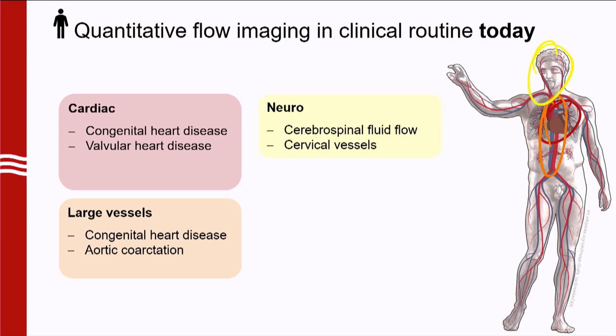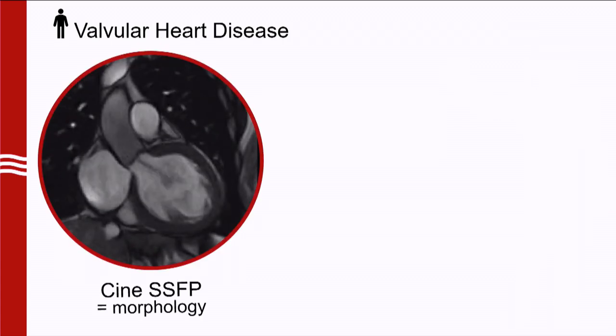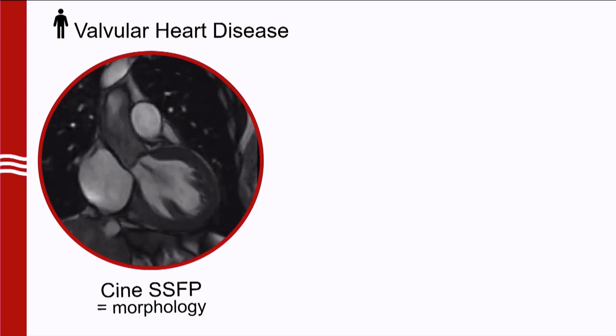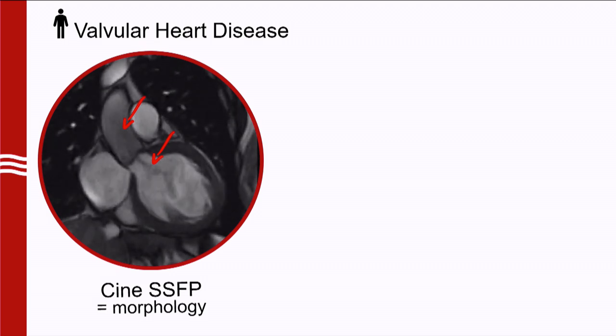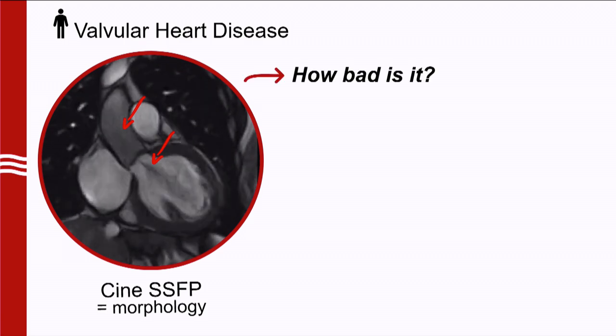So let's start with an example of a valvular heart disease, a cardiac application. As you can see in this patient, the aortic valve isn't really moving a lot, and you can see there's a stenosis and an insufficiency jet, which indicates valvular heart disease. But you can't tell how bad it actually is.